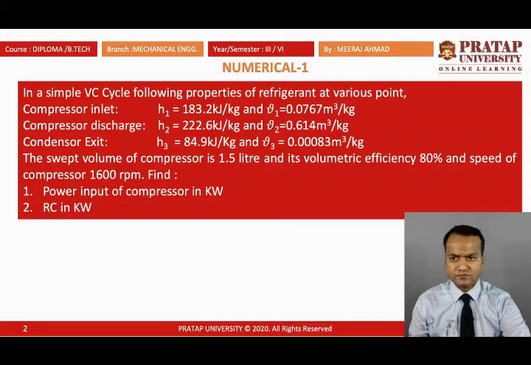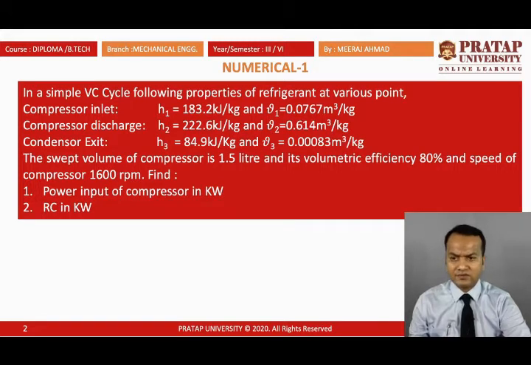The enthalpy at the outlet of the compressor is H2 equal to 222.6 kilojoule per kg, and the specific volume at the outlet of the compressor is V2 equal to 0.614 meter cube per kg.